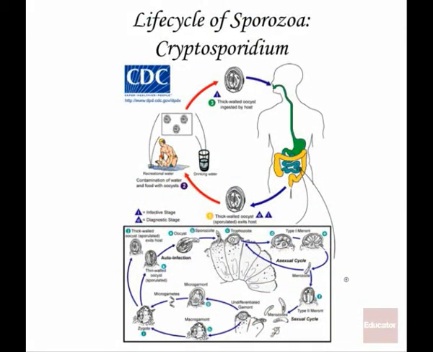So the life cycle of another type of Sporozoa is the Cryptosporidium. And here you can see that we have these various sexual and asexual reproductive stages. And in this part where the organism is living in the intestinal epithelium, we have the sexual reproduction going on.